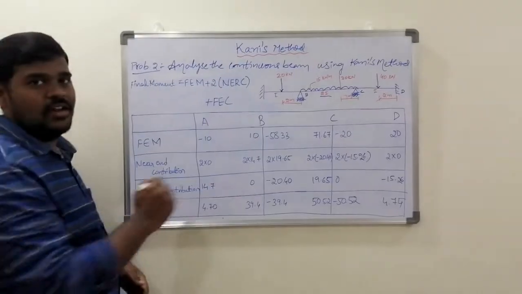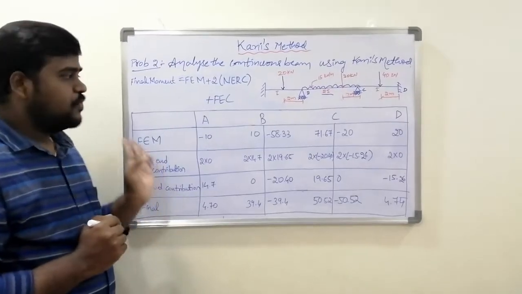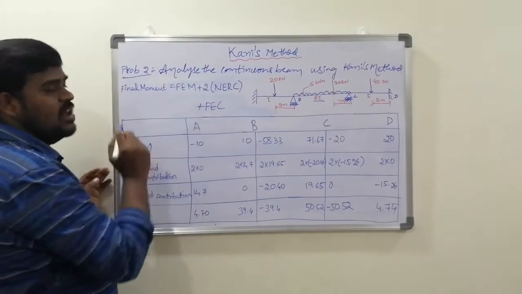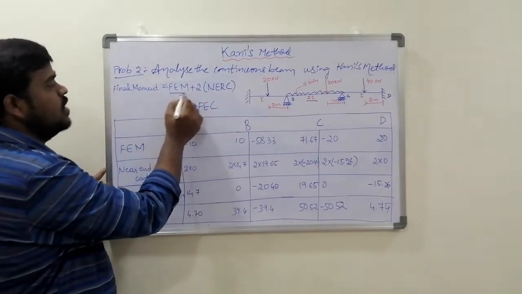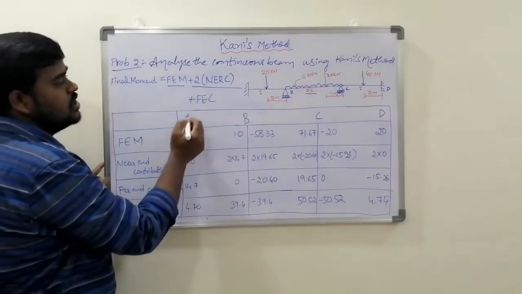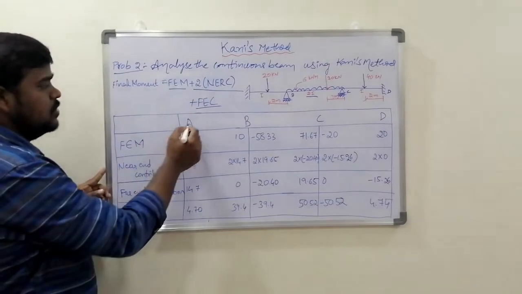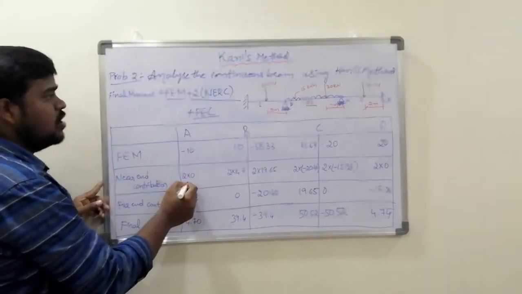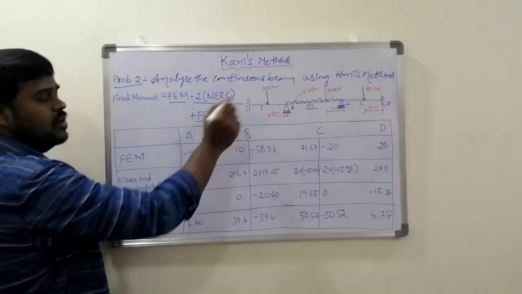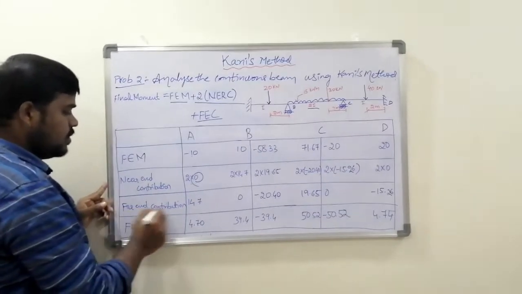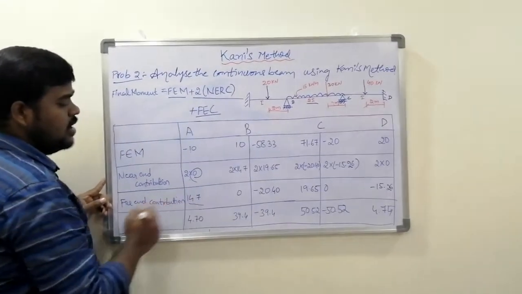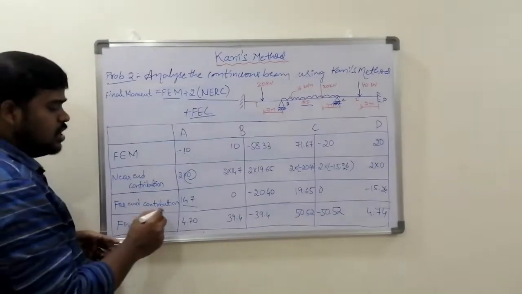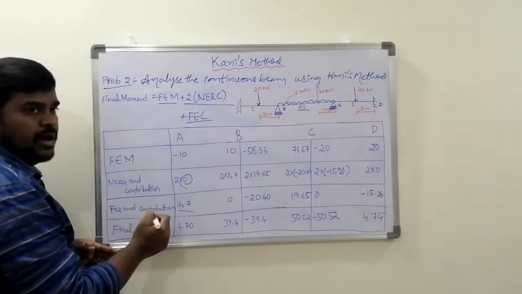Final moment calculation is done by using this table after steps 1, 2, 3, and this is the last step. The final moment calculation is already explained in the previous videos, that is fixed end moment plus 2 times near end contribution plus 1 time far end contribution. When you look at A, we have fixed end moment as 10 and near end contribution as slope is 0, so that value will be 0, and far end contribution is 14.7, because at B, for BA the rotation contribution we have done in the previous steps was 14.7.